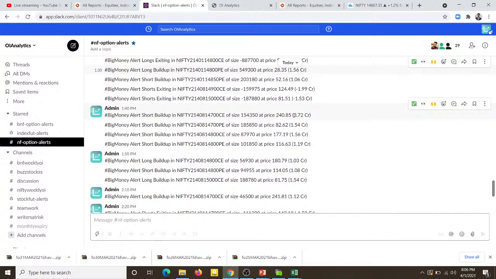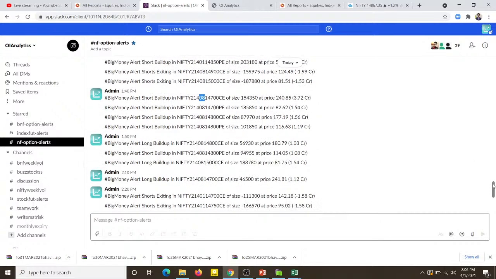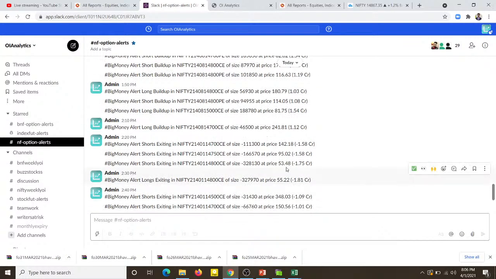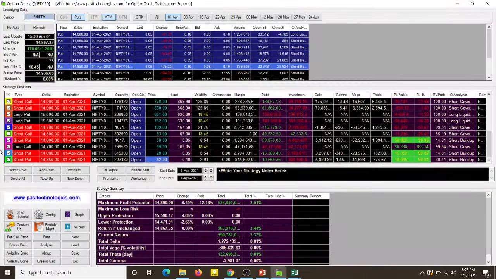And this one that you see, it's from the next weekly expiry, which is the 8th, so it's not relevant for this. And here there are a lot of exits happening, which you could update in the position list, like long call.